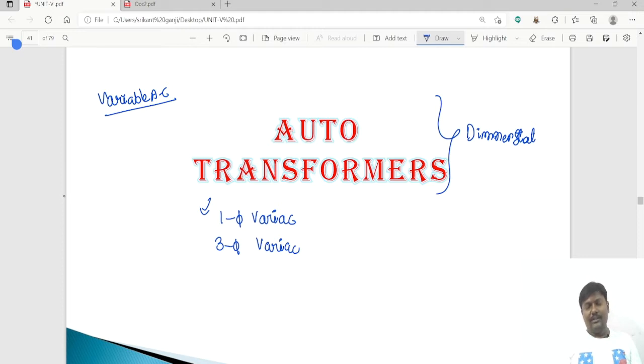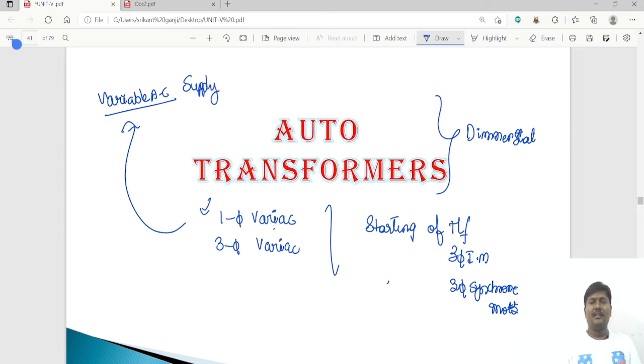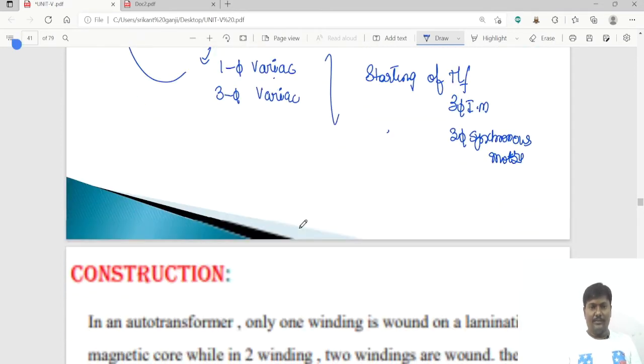Wherever we require variable AC voltage, for starting of transformers, starting of three phase induction motors, and starting of three phase synchronous motors also, we will use a single phase variac. Variac means variable AC supply. In order to get the variable AC supply, we can use auto transformer.